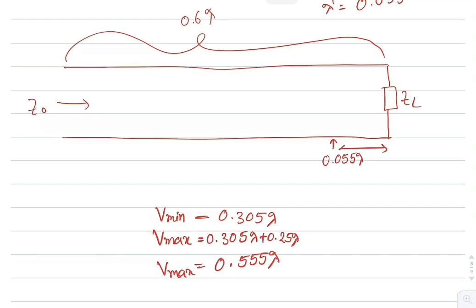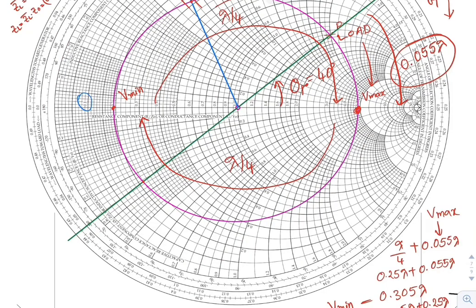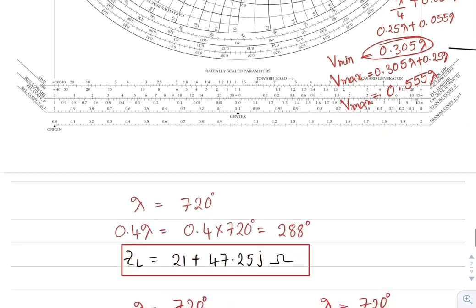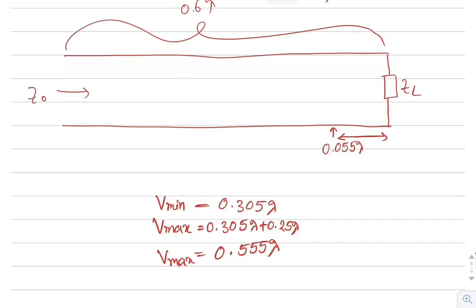Next you will get a minimum value at 0.305 lambda. If you travel a distance of 0.305 lambda, here you will get V minimum, and this is V max.